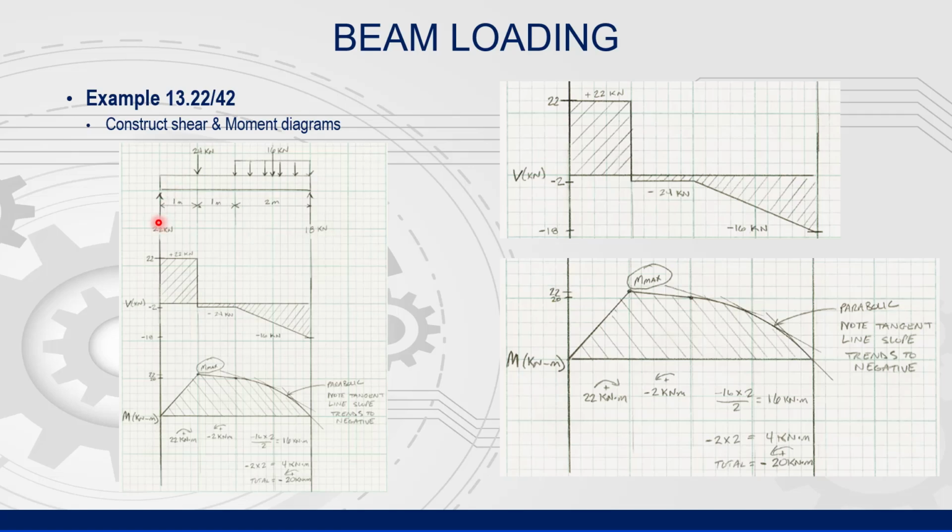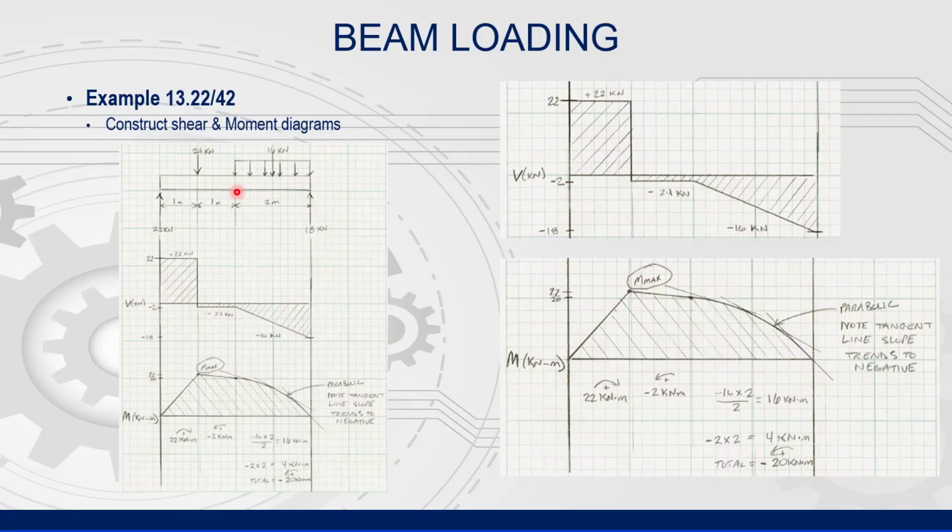It's a concentrated load, so that means it is straight but sloping, and it goes up toward the maximum. The maximum at this point is the area under this curve, which is 22 kilonewtons times 1 meter. So therefore, it's 22 kilonewton meters, which we see right here.